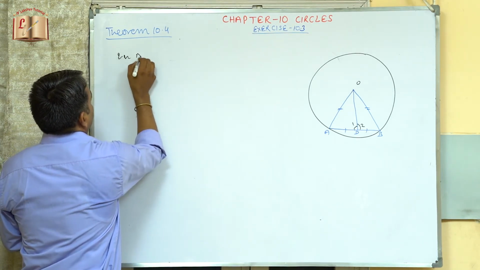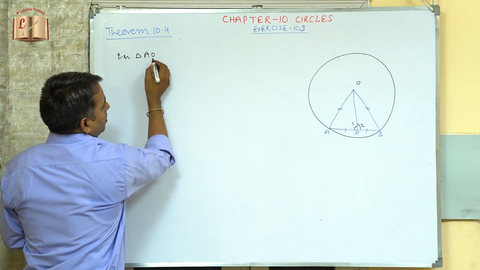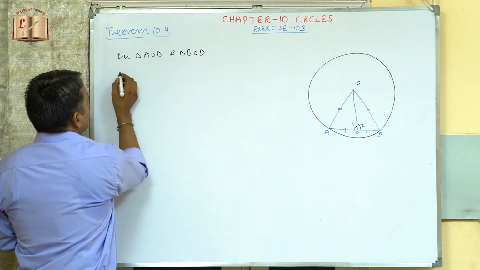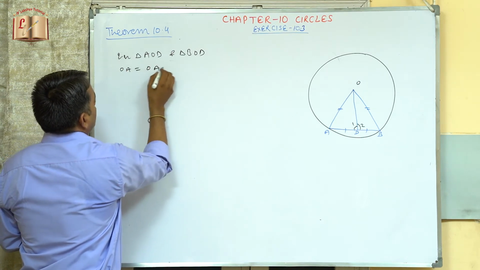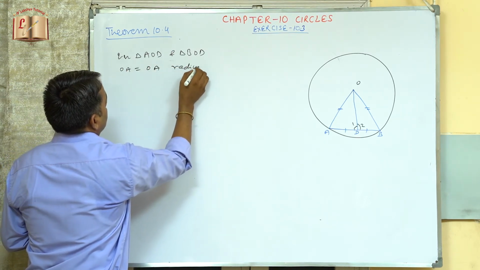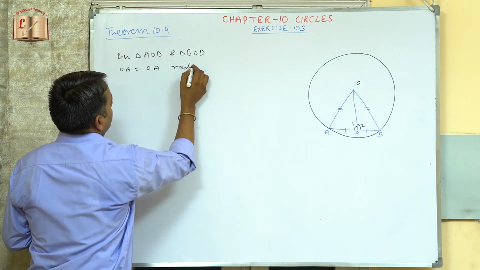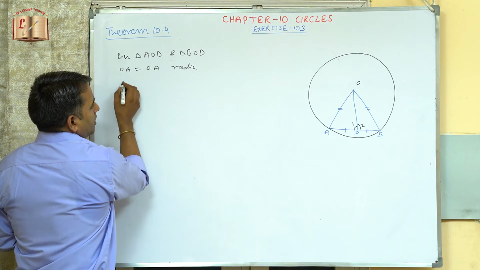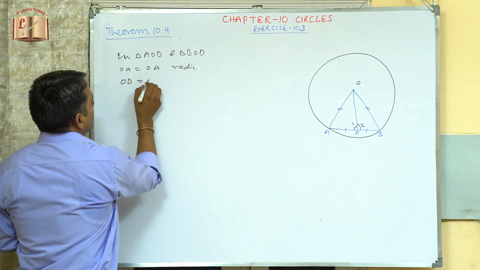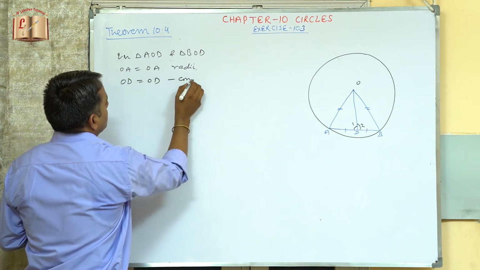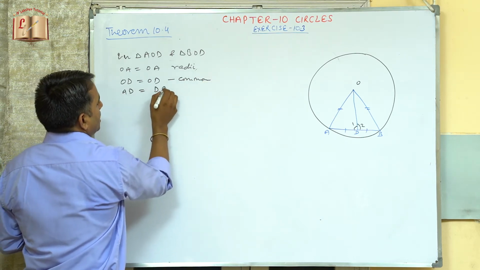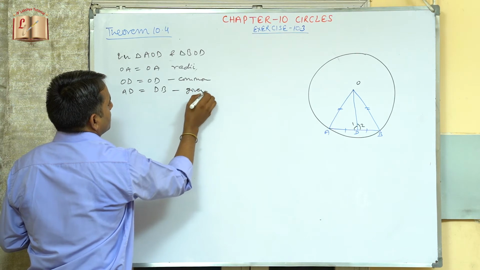So in triangle AOD and triangle BOD, OA is equal to OB. These are radii, similarly because this is plural, so radii. And OD is equal to OD, so this is common, and AD is equal to DB, this is given to us.